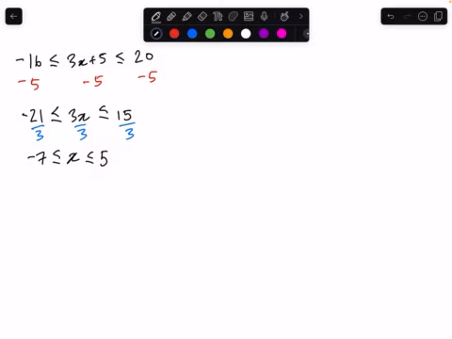Imagine if the inequality had 3 different operators. As many sides as we have, we do operations so that we get our variable by itself, and we solve for the inequality by getting the variable by itself, and we have a nice final solution like this.